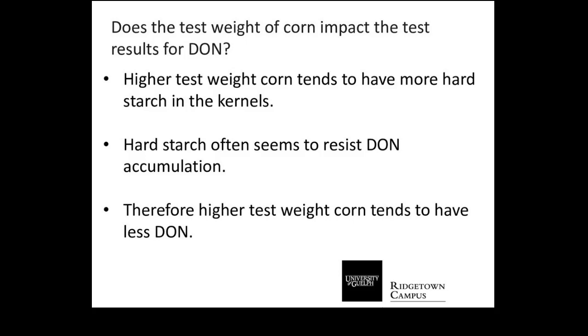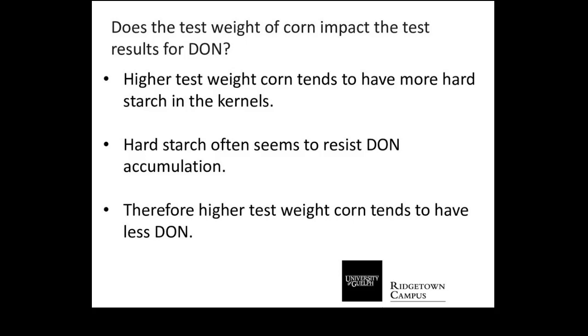Does the test weight of corn impact the test result for DON? What we know here is that higher test weight corn tends to have more hard starch, or the vitreous starch in the kernels, and hard starch often seems to resist DON accumulation.